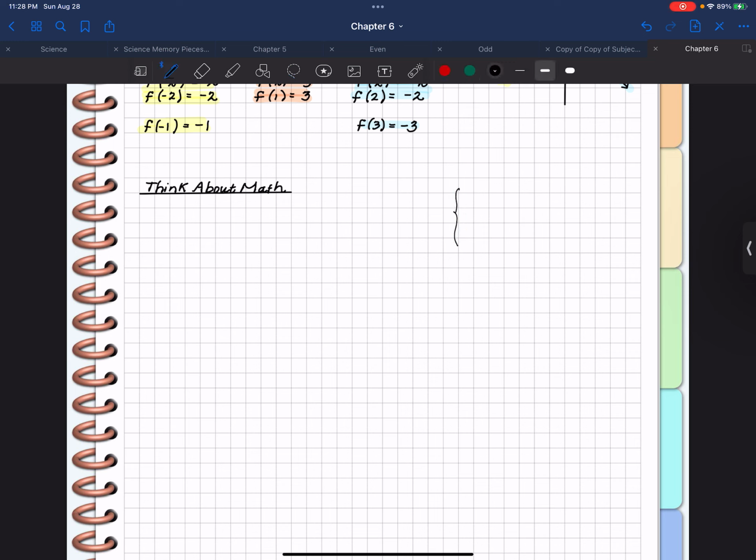So we have f of x equals -2x, that's when x is less than 0, and 2x when x is greater than or equal to 0.